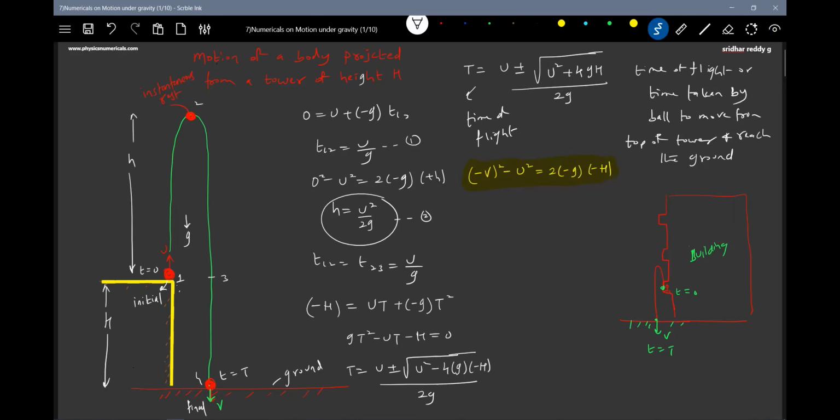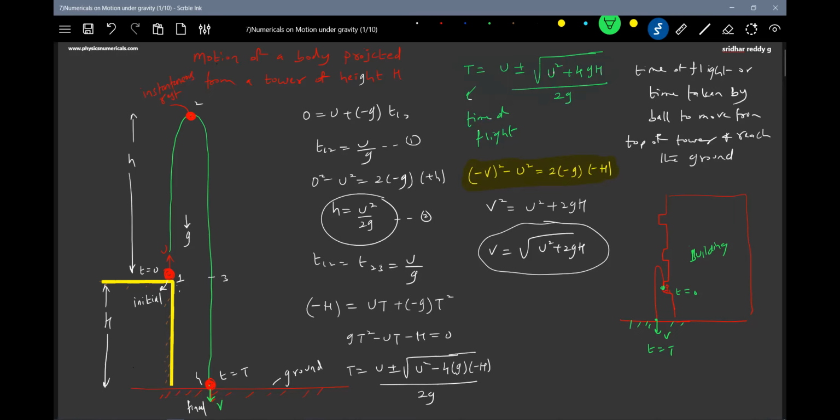Solving this is what is needed: v square equal to u square plus 2gh. So the ball will come and strike the ground with a speed v. These are some quantities which we'll be using.